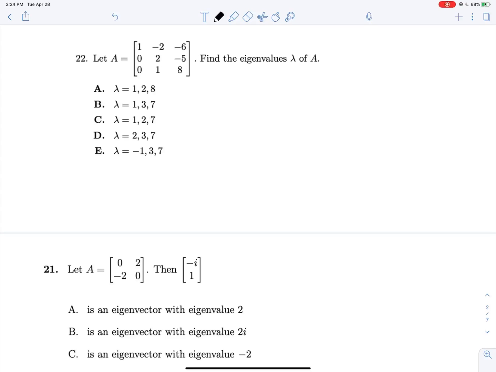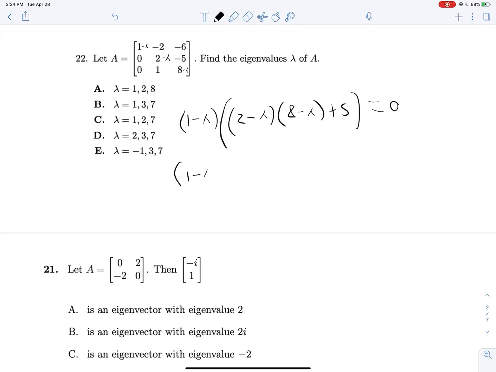So yet again, because this one position is in a column by itself, we can plug in negative lambda along that main diagonal and multiply 1 minus lambda by the determinant of this matrix right here. So 1 minus lambda multiplied by that determinant, that will be 2 minus lambda multiplied by 8 minus lambda plus 5 is equal to 0.